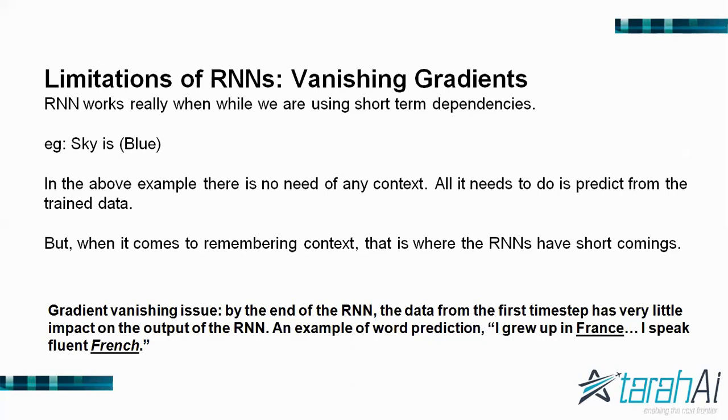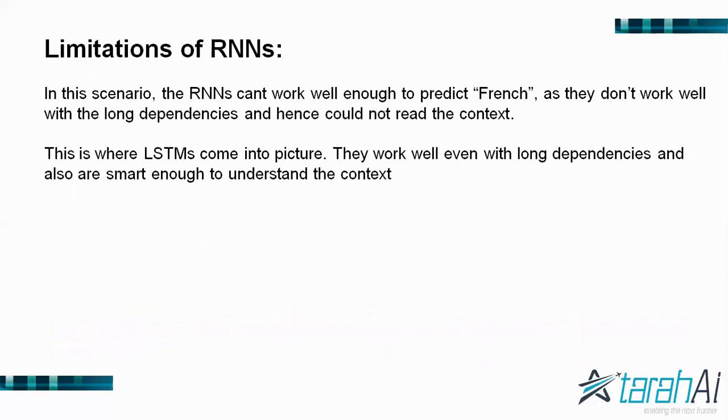And it is because of this precise problem of vanishing gradients that we have alternate architectures to the RNN architectures, which is very important from the perspective of understanding why and where these are useful. So as I said, in the scenario above, RNNs were not strong enough to predict the word French because they don't work with long dependencies and hence cannot read the long-term context.